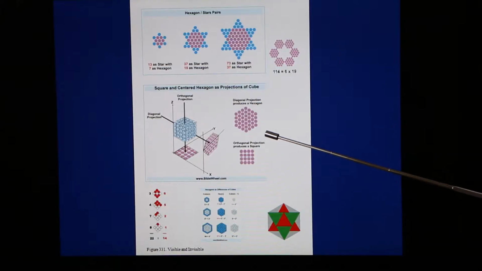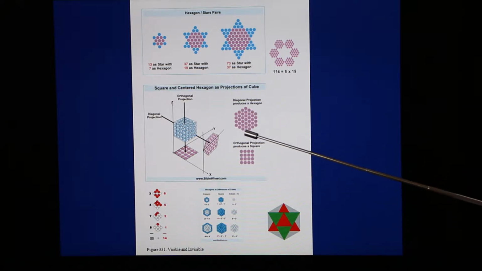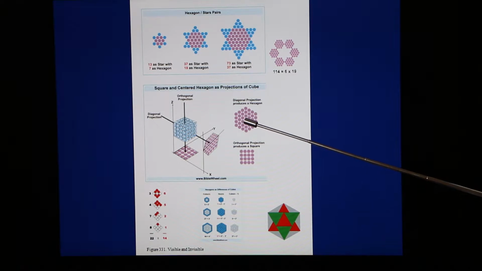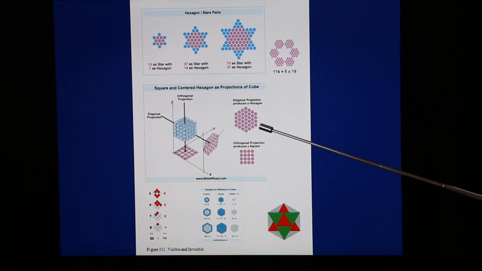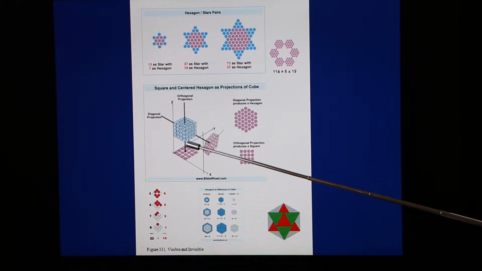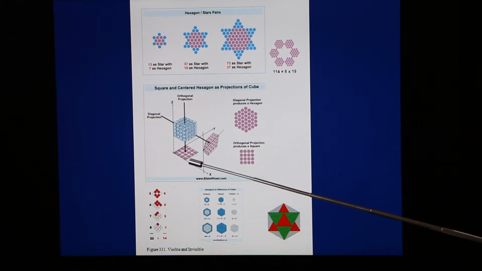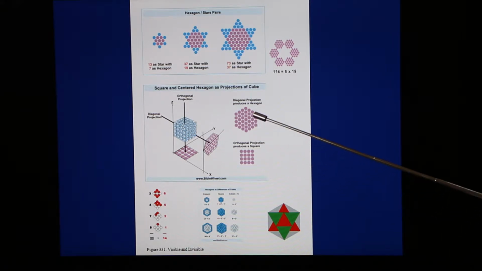But now the story gets more interesting, because here is a circle, I have a square, and I can make that into this kind of hexagon. So I can make it into this kind of hexagram, but really it assumes a cube, which I then project downwards and I get this, or I project from the side and I get this.